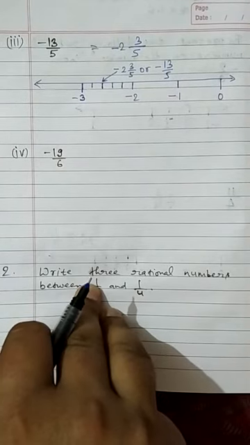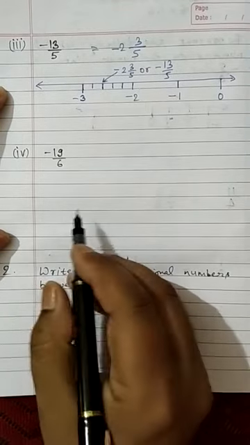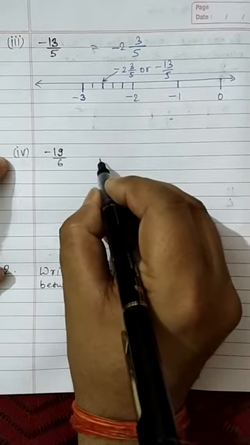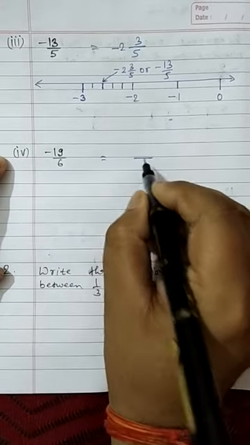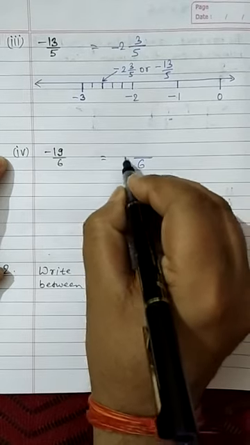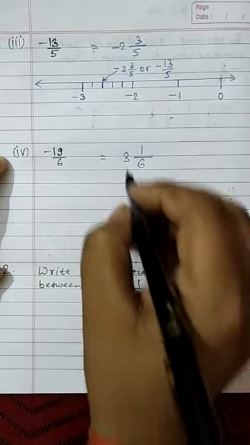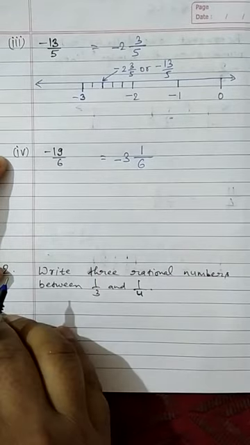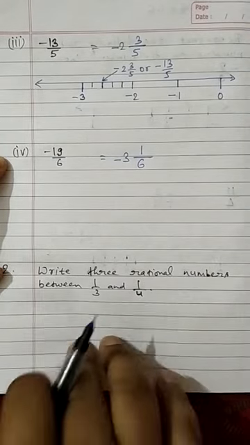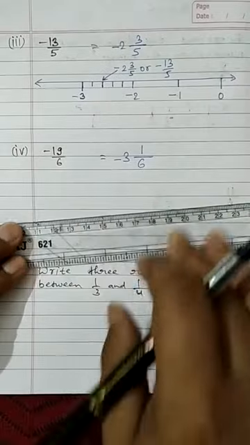Last one is minus 19 upon 6. This is also a negative rational number. So 6 3s are 18 plus 1 is 19. This is minus 3 and 1 upon 6. So let us construct a number line first.